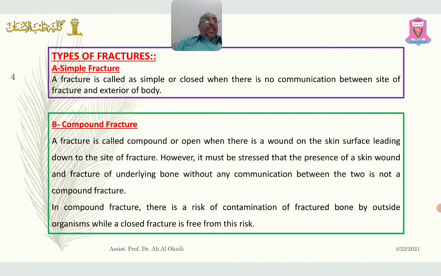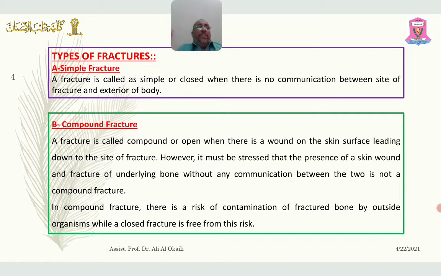However, it must be stressed that the presence of skin wound and fracture of the underlying bone without any communication between the two is not a compound fracture. يعني لازم يكون at the site of fracture يكون الجرح زائدا الفراكشر of bone.